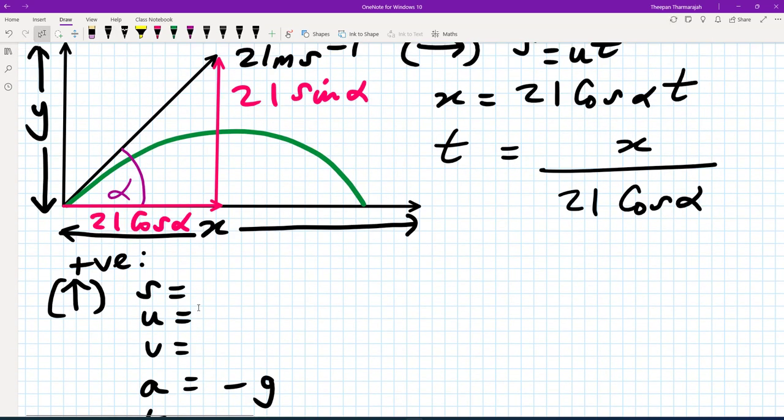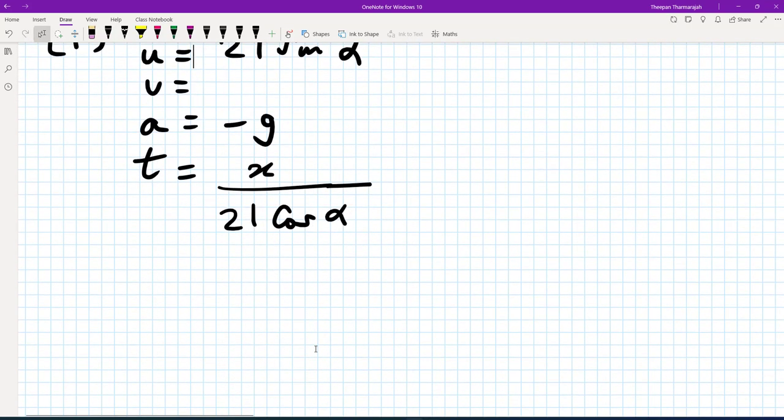And we've got u is 21 sine alpha, and hence s is y. So now we can use the SUVAT formula, s equals ut plus a half at squared.